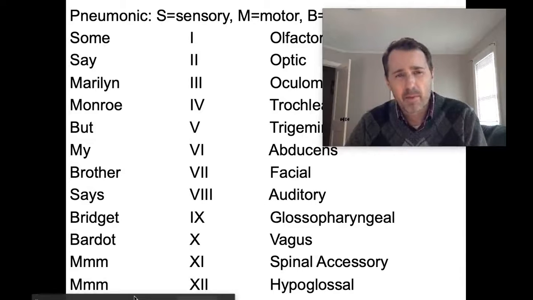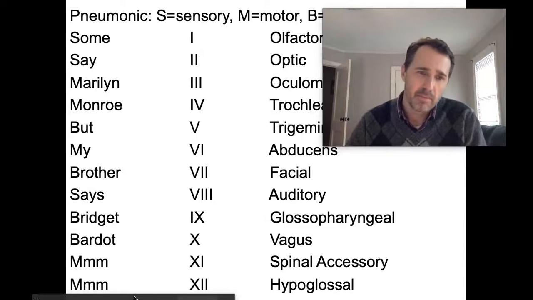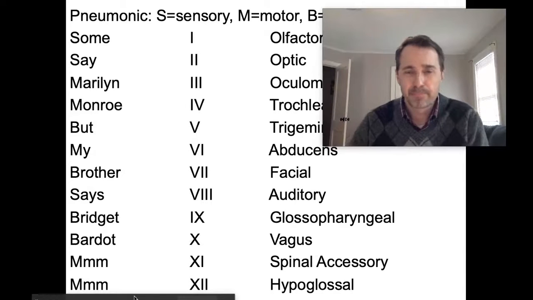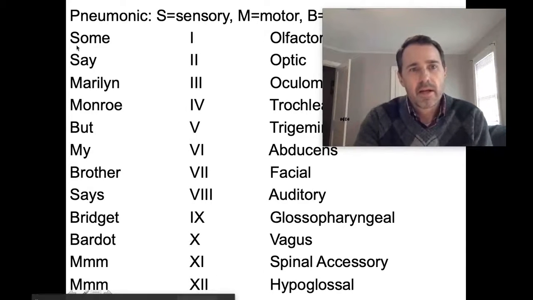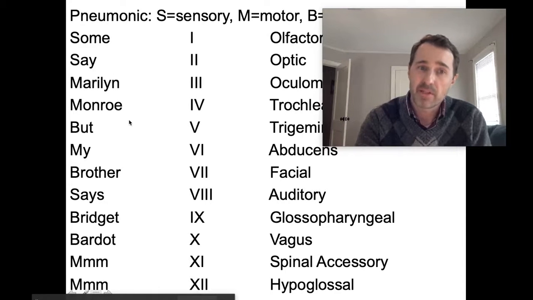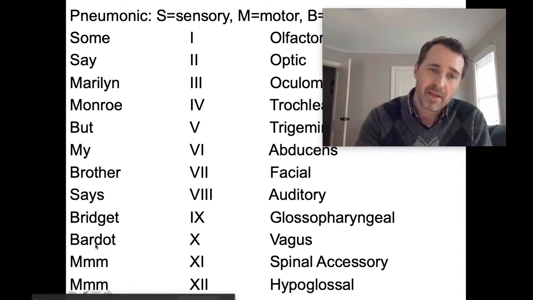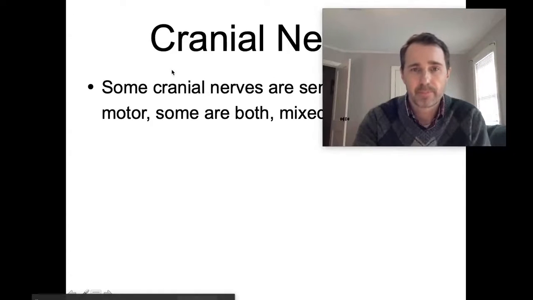Some say Marilyn Monroe, but my brother says Bridget Bardot. All right. S meaning sensory, M motor, and B referring to both sensory and motor. And that allows you to remember which ones are only sensory, which ones are only motor, and which ones have a dual function.